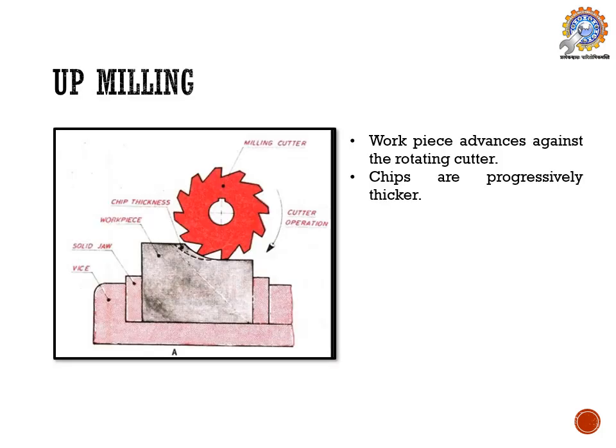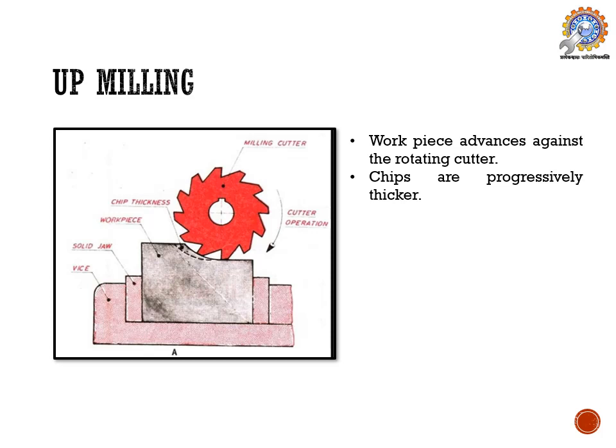Now that picture represents up milling operation, where a rotating cutter is affixed to the spindle of the machine, and the workpiece is affixed to the work holding device. You can see that when you feed the work against a rotating cutter, the material is removed from minimum chip thickness to maximum chip thickness, as shown in the figure.